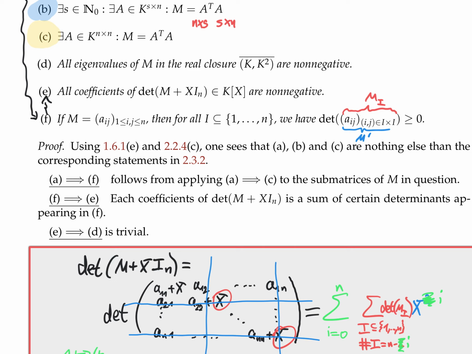So some people argue here even with Descartes' rule. I've already seen in the literature that some people argue here with Descartes' rule of signs.